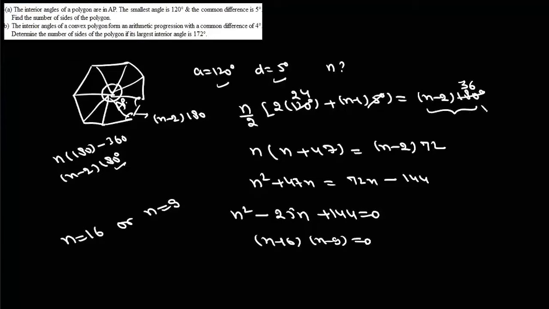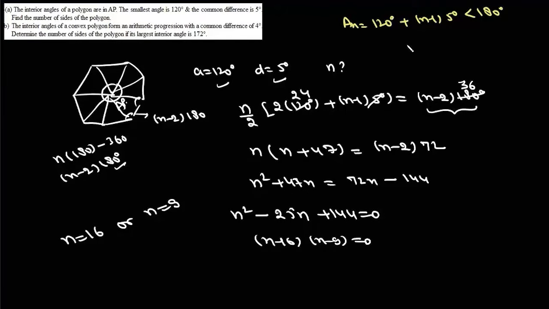Now here, before jumping to any conclusion, we must also check that any angle must be less than 180 degrees. It should be a convex polygon. So that means any a_n, which is a plus (n minus 1) into d, should be less than 180 degrees.